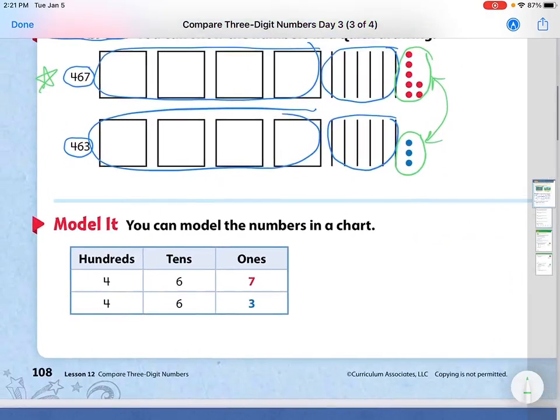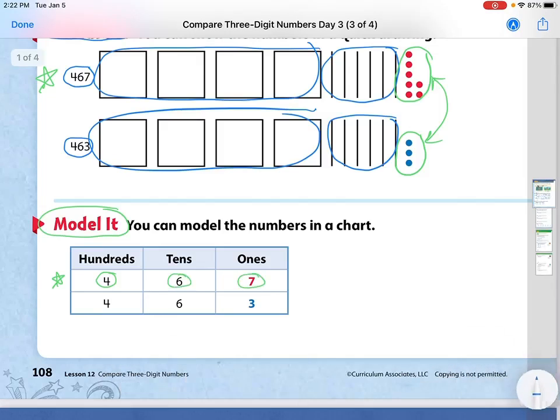We're going to move on down, and then they also show us that we could model it by making a place value chart and putting our numbers in there. So the top number is showing us 467. We've got 4 hundreds, 6 tens, and 7 ones.